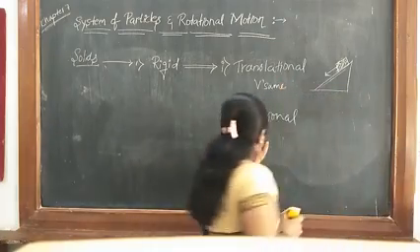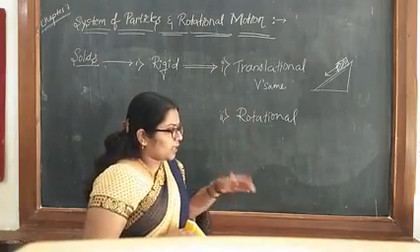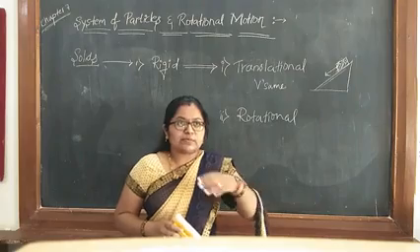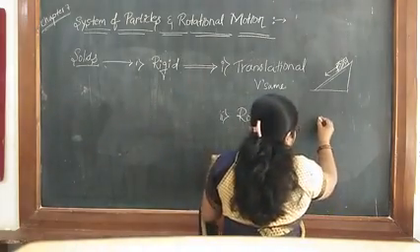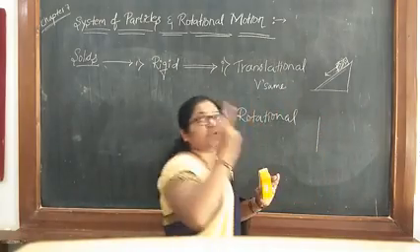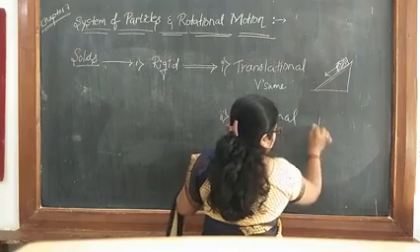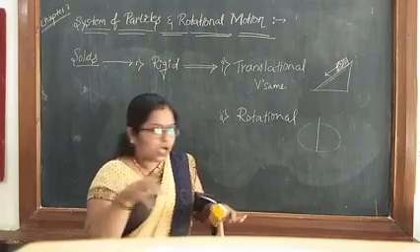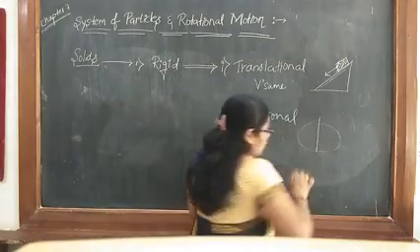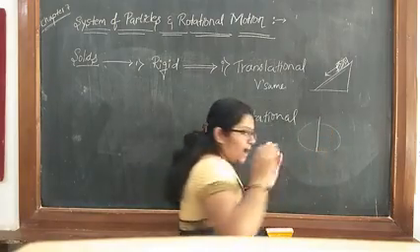Now when you consider rotational motion, for example, a ceiling fan. What happens there? One fixed axis will be there, and along that axis the wings are moving. All three wings are moving around that axis. This axis is also a part of the system.